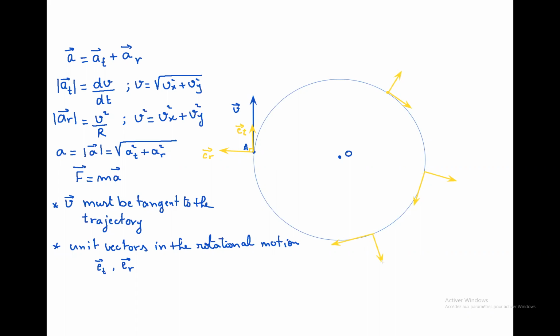In this case, we are talking about clockwise rotation. We have the rotation in this direction. Okay, very good. Now we have ET and ER.